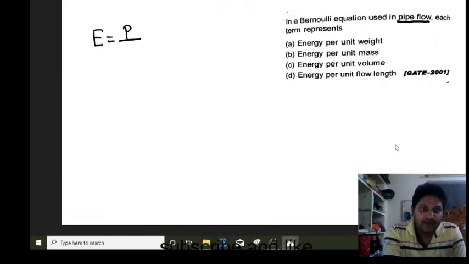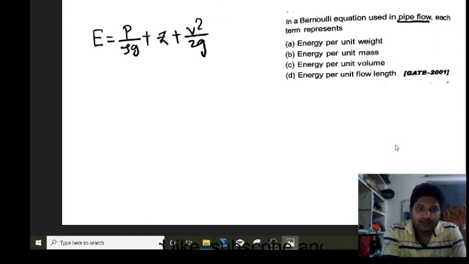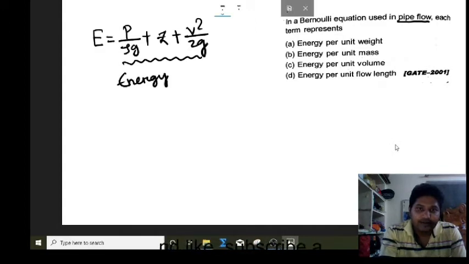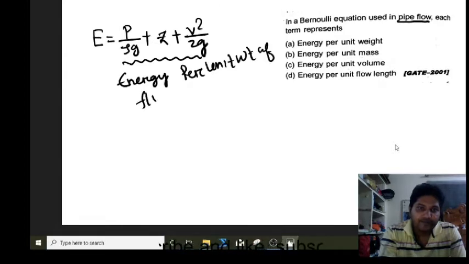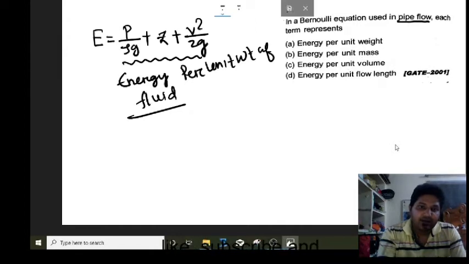This is P by rho g plus this is Z, this is V square by 2g. So each term is representing the energy per unit weight of the fluid.